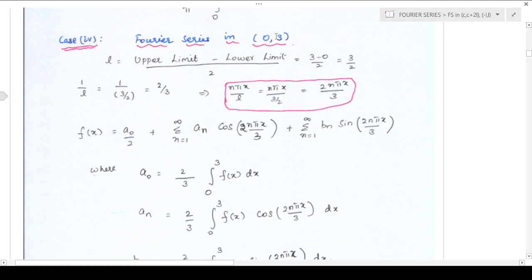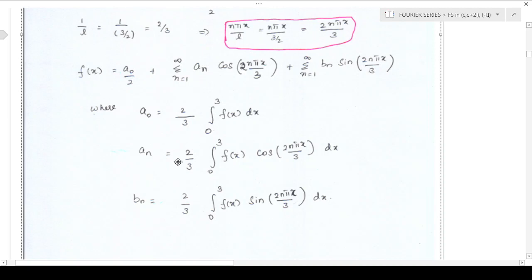What is 2L? It is 3. So, 0 to 3 f of x dx. Similarly, your a_n will be 2 by 3, 0 to 3 f of x cos 2n pi x by 3 into dx. As such, your b_n is 2 by 3 integral 0 to 3 f of x sin 2n pi x by 3 into dx.